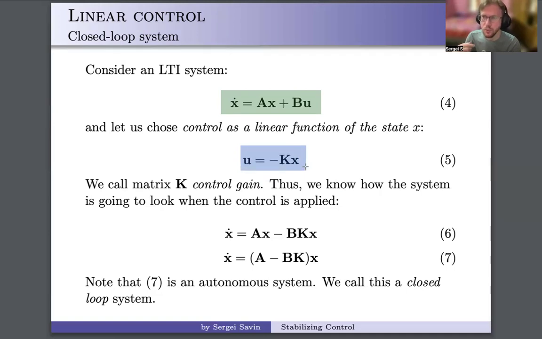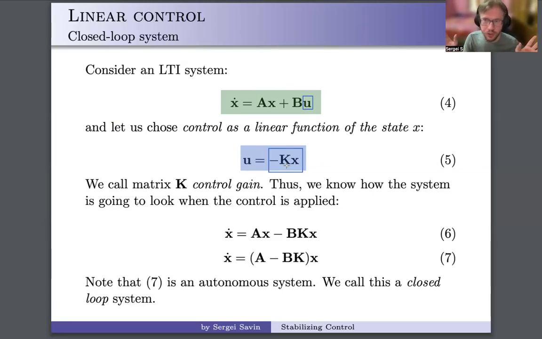So our game will be to take this guy here and substitute into here. So U, that is, could be anything, we will restrict to this form. In other words, U will be a linear function of the state.